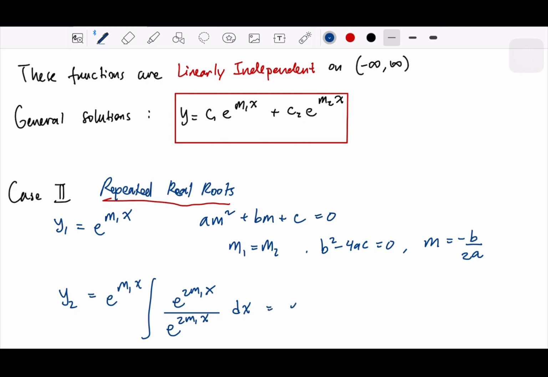So we get e to the m1x integration dx, or this is x e to the m1x.